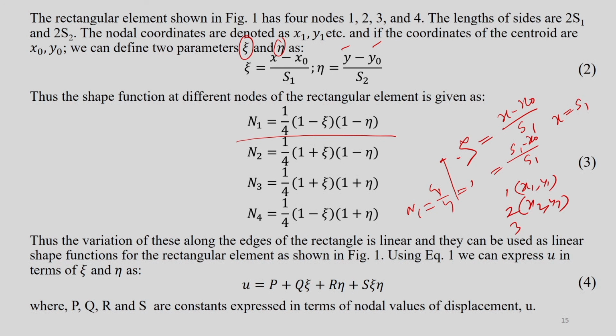Similarly, if xi becomes 0 and eta becomes 0, then n1 becomes 1 by 4. So, like that the shape function at the different nodes of a rectangular element can be written in terms of the local coordinate system like this.